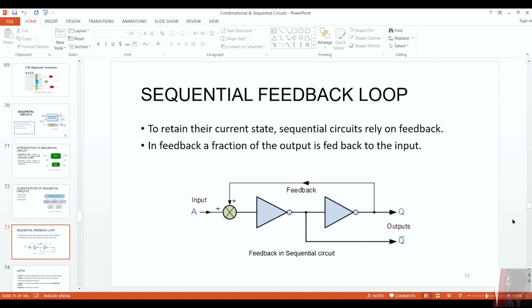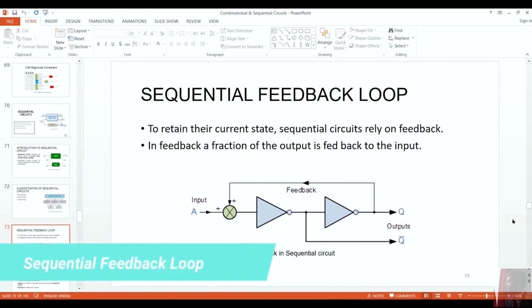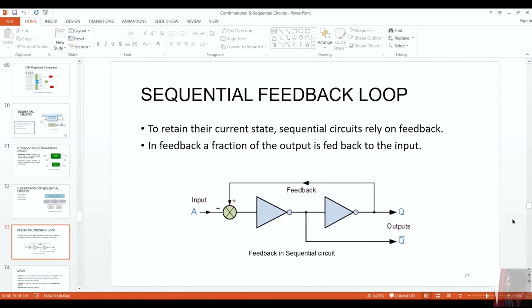Let's see if you're dealing with a sequential feedback loop. Do you know that to retain the current state, sequential circuits depend upon the feedback, because then we decide whether Q bar or Q would be given. Now, very interesting over here: if we are dealing with Q, that means the output is same as input, then I am dealing with positive logic.